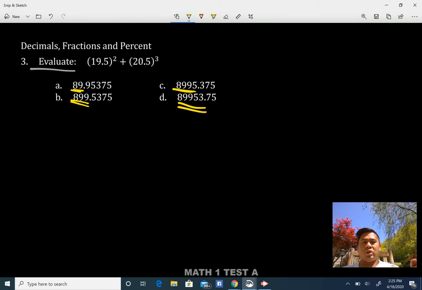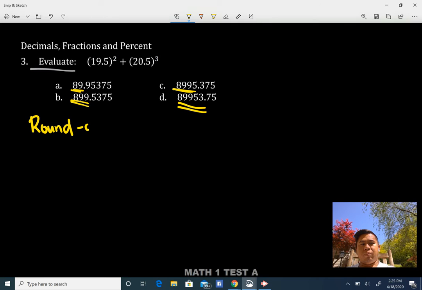approximately for each of them, considering all of their whole numbers in there, which means that they're pretty far apart from each other, which means that in this case, I can safely round off. As my technique, I can simply round off or approximate the value of 19.5 and 20.5 and say that more or less they are near 20.